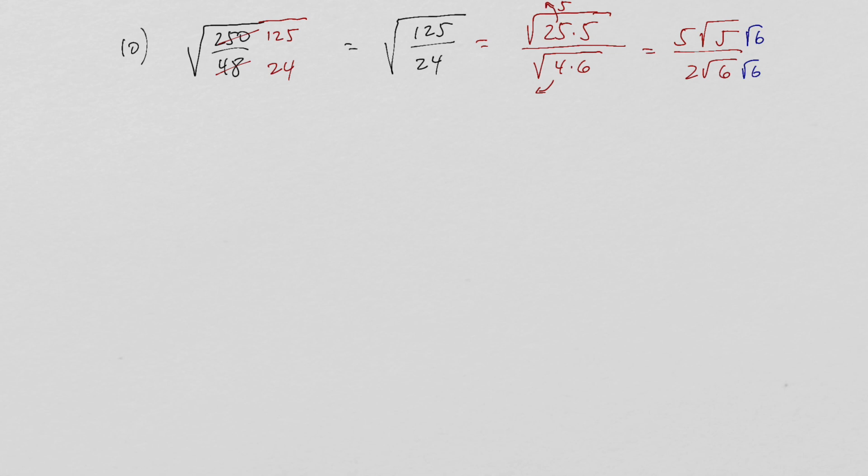So I'm going to get 5 root 30 in the numerator and 2 times 6. Root 6 and root 6 becomes just 6. That's in the denominator. So this is 5 root 30 over 12.